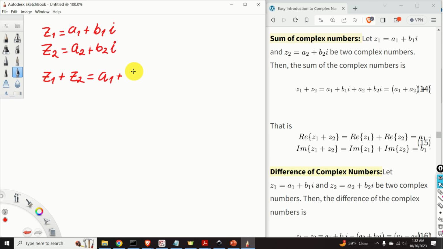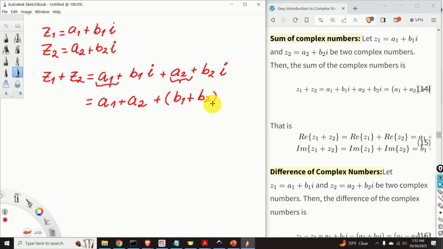You can write a1 plus b1i plus a2 plus b2i. And what happens over here? Well, you take the real parts, this part and this part, and you group them together. So you write a1 plus a2, and then you take the imaginary parts and add them together, and you have b1 plus b2 multiplying i.